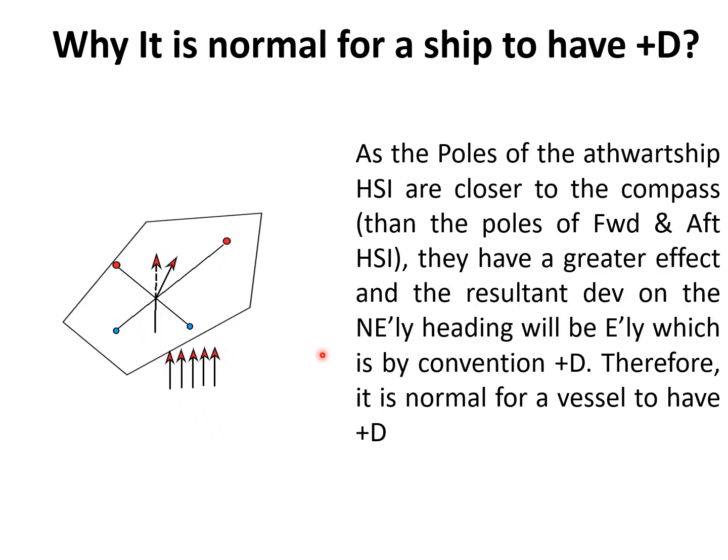So what happens here, as the poles of the athwartship HSI are closer to the compass needle, they have greater effect, and the resultant deviation on the northeasterly heading, that means on the quadrantal heading, will be easterly, which is by convention D plus, right? Therefore it is very normal for a vessel to have D plus, right?